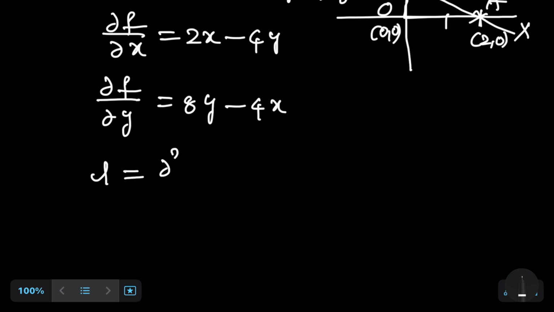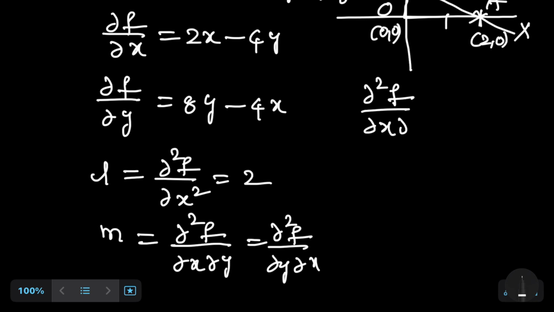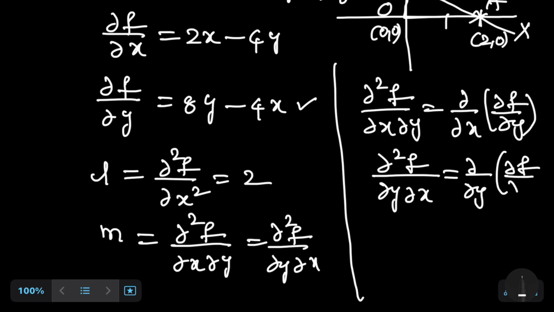Let L = ∂²f/∂x². Differentiating ∂f/∂x with respect to x gives 2. Let m = ∂²f/∂x∂y, which is ∂/∂x of ∂f/∂y, or ∂²f/∂y∂x, which is ∂/∂y of ∂f/∂x.